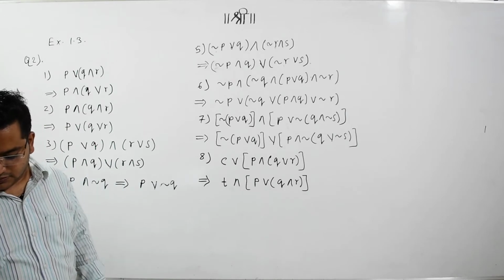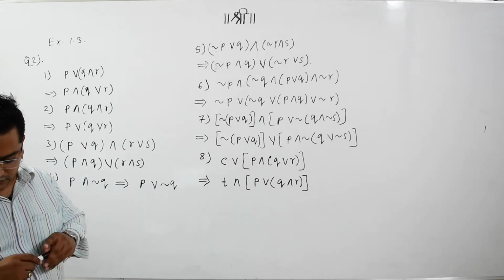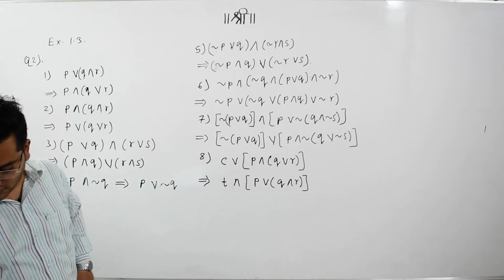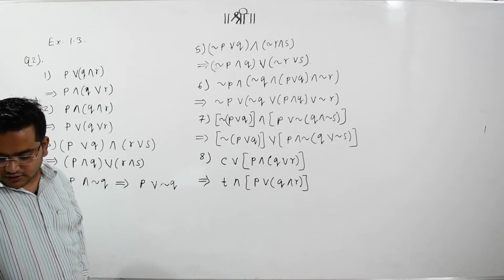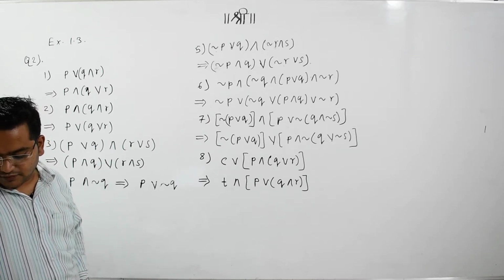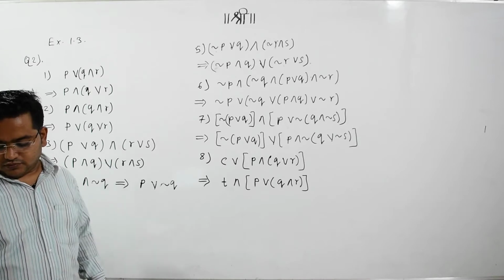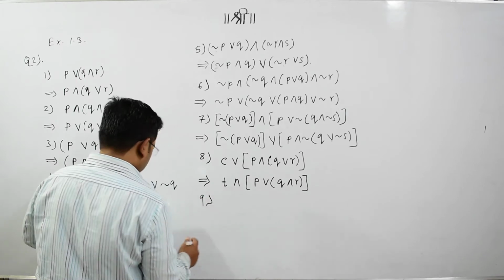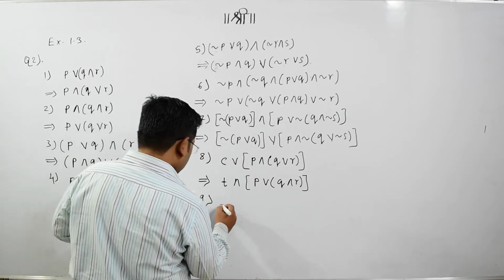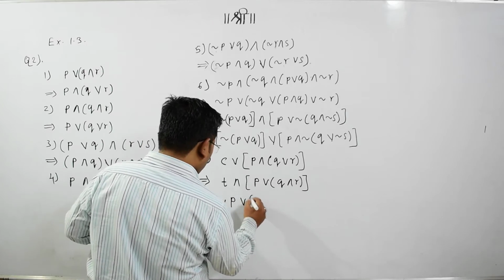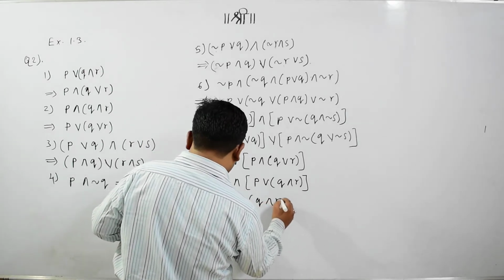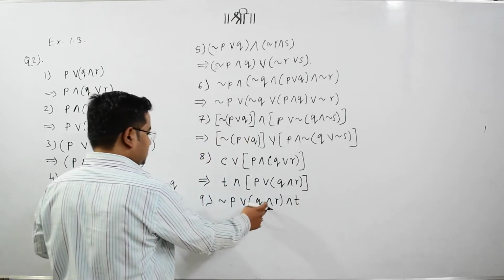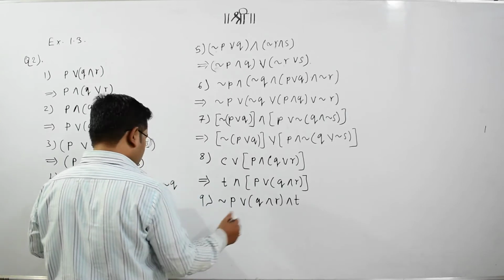Though it looks very simple, its meaning is very wide, as I told you earlier. So that's how we are solving this. Hope you are getting it. So next question is what? Question number 9 has this interesting parameter: negation of P or Q and R and T. So what we need to do?